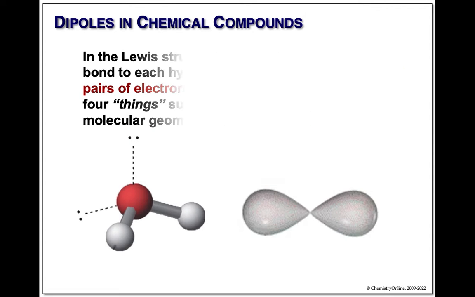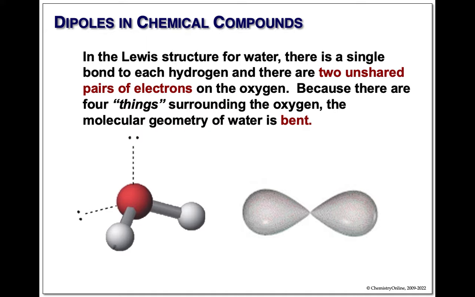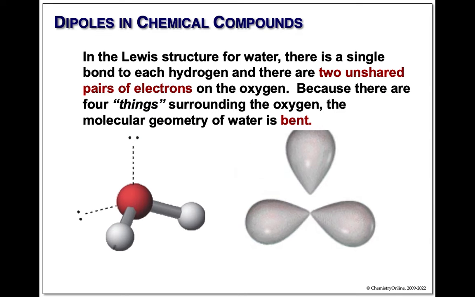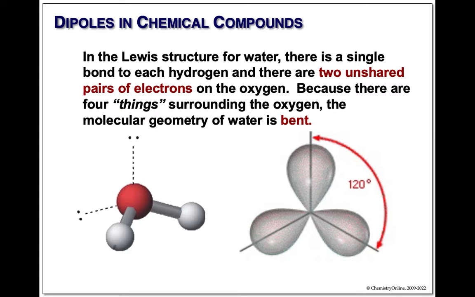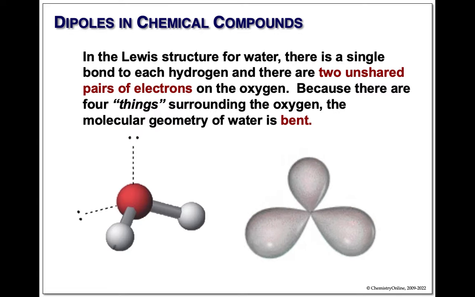We can see this by watching this little video. If we had a central atom here with 2 lobes of electrons, now these could be bonds, whatever, we get linear geometry, 180 degrees. If we bring in a third, we get trigonal, 120 degree angles.